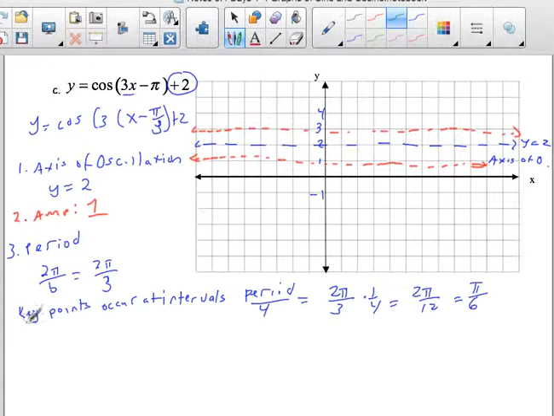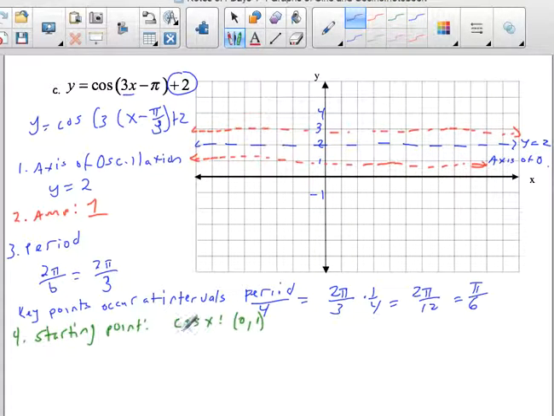And the last thing, I need to find a point so that I know where to start. So my starting point for this graph, normally for a cosine x, it would be at 0, 1, because cosine starts at a maximum. And now we're going to apply the transformations.